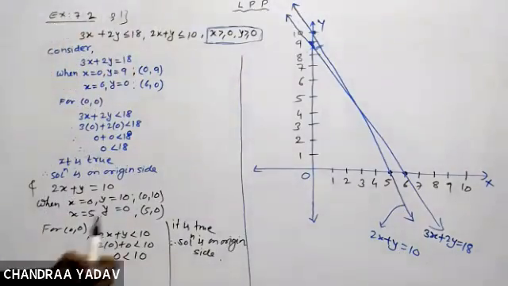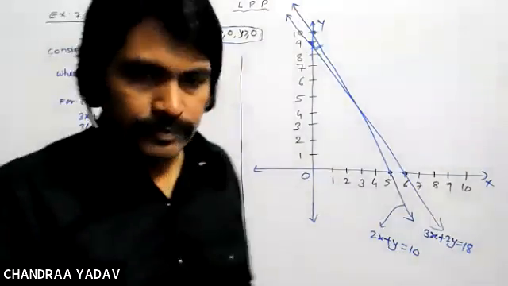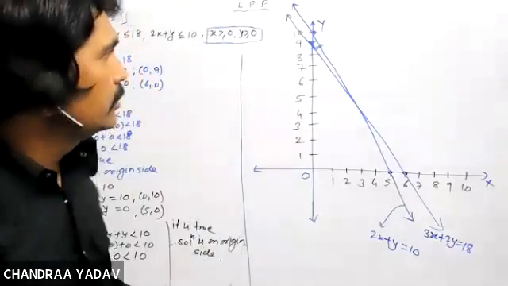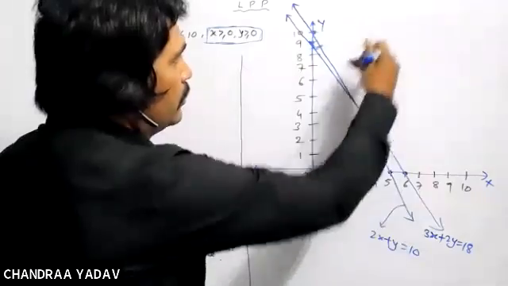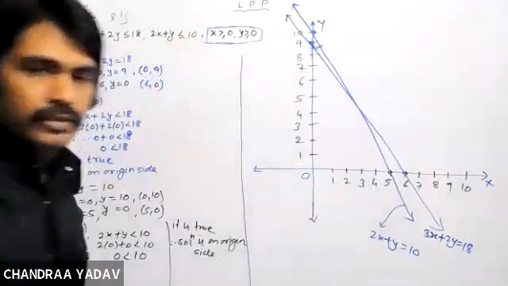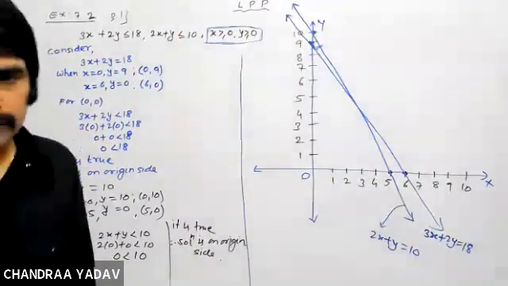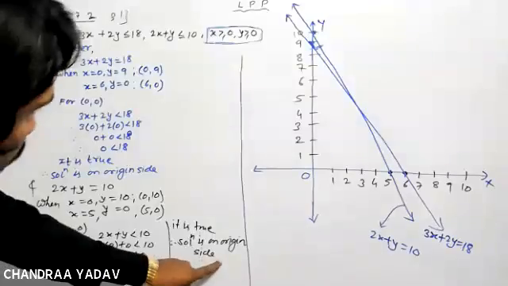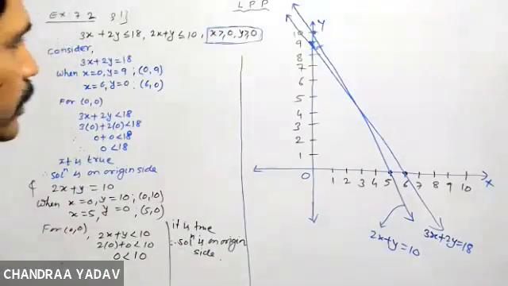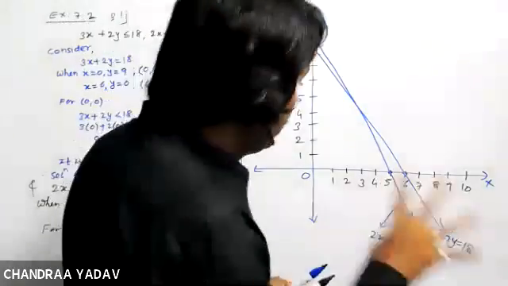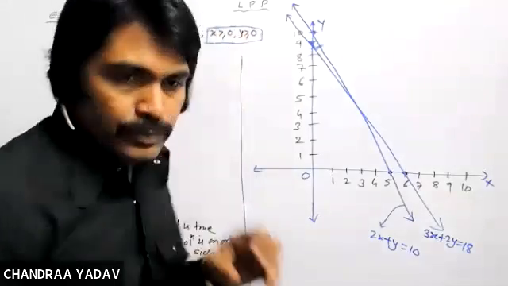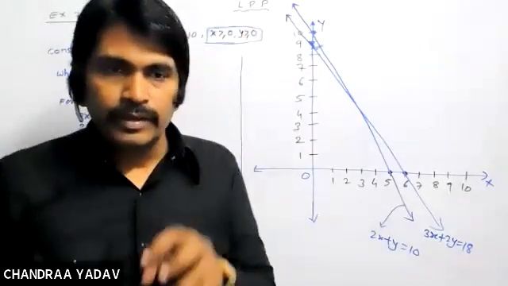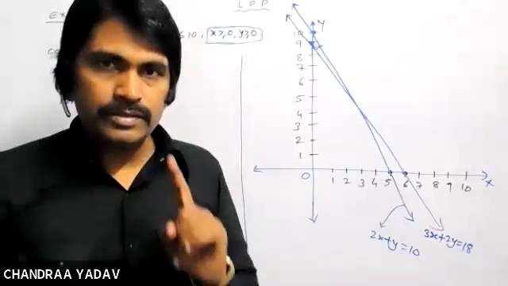Now tell me the common solution here. Where do we find a solution? This part or this part or above or origin side? So on the origin side. Yes, here it is on the origin side. So that is the common part. And remember, because of this condition, we are supposed to restrict ourselves to the first quadrant.